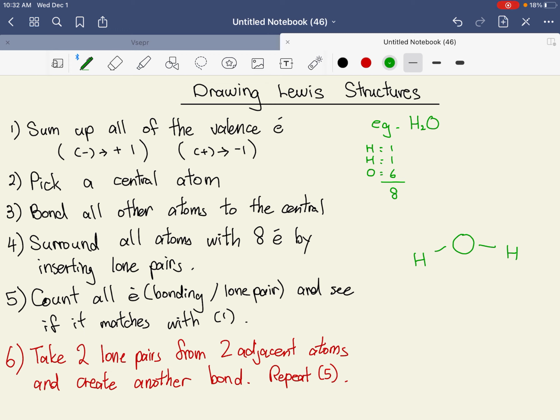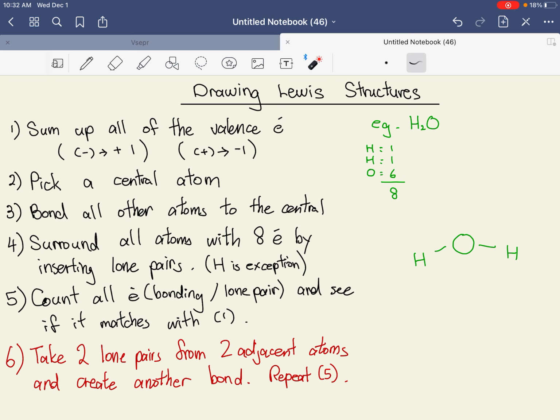Step 4. Surround all atoms with 8 electrons by inserting lone pairs. Now, I should say something here, H is an exception. For H, I just want to surround that by 2 electrons because that's the maximum that H can handle. Now, think about this.